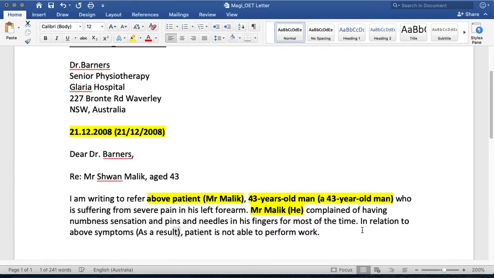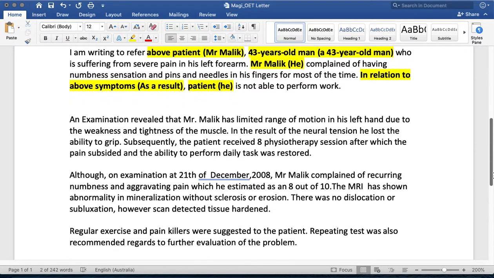So instead of writing down in relation to above symptoms, it's better to write as a result. All right, and then we can highlight it. Instead of writing patient, she can say, he's not able to perform work. All right, so that's the correct way of writing the sentence.